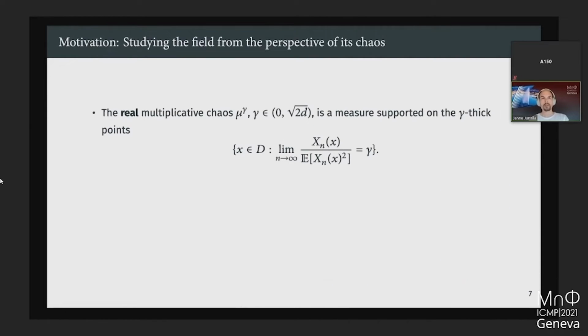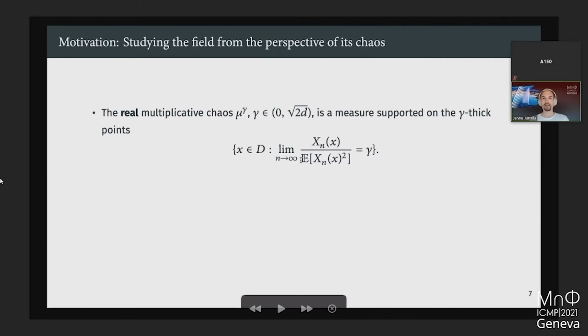Another motivation for studying these chaos distributions is to ask what you can actually tell about the field by looking at them. If you look at the real multiplicative chaos, during the first half of the session it was mentioned that this real chaos is supported on the so-called thick points of the field.